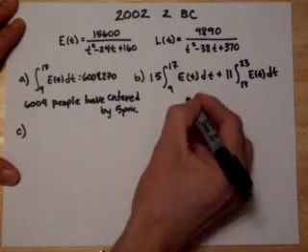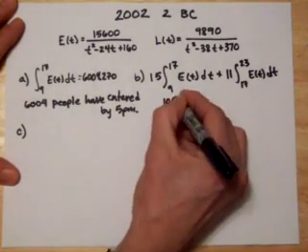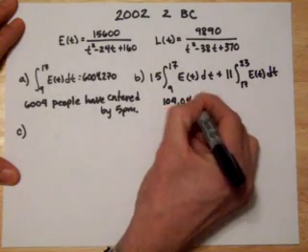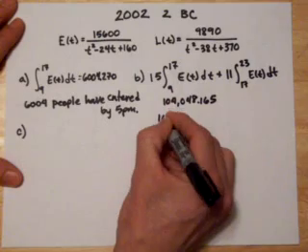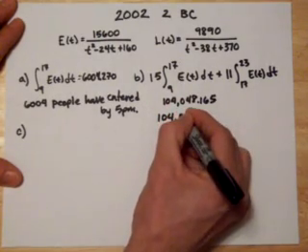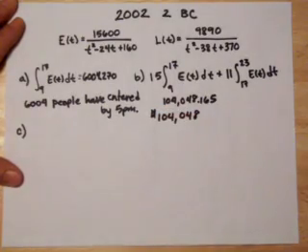Plug that into your calculator, and you get 104,048.165. So $104,048 was collected.